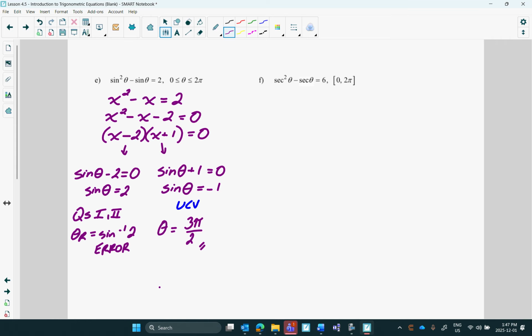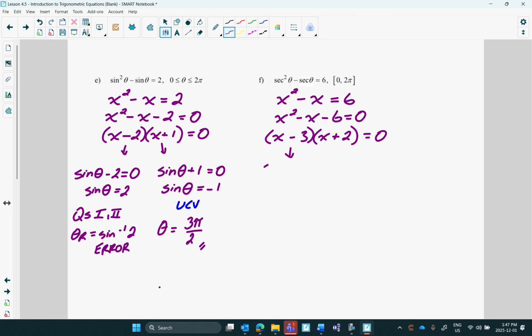And then this one here, notice we've got one of the reciprocal trig functions. Well, I'll deal with that later. Looks very similar to the previous one in terms of factoring. The numbers will be different. So I should get x minus 3, x plus 2.